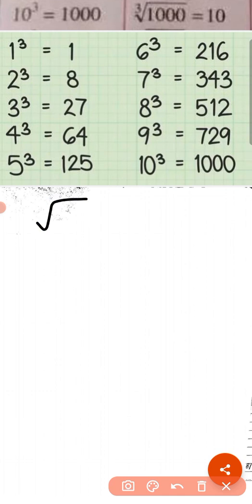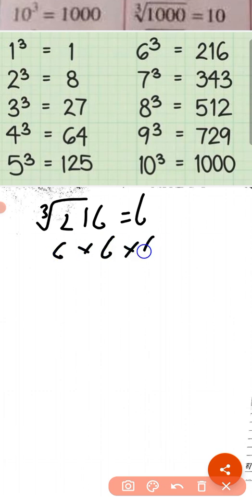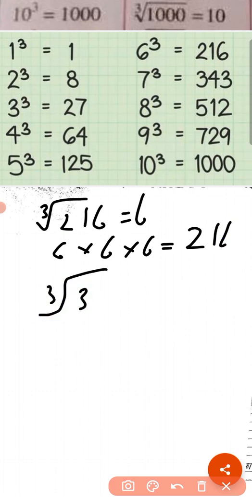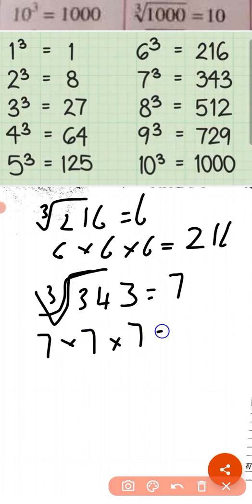Cube root of 216 is 6. That means 6 into 6 into 6 is equal to 216. Cube root of 343 is equal to 7. That means 7 into 7 into 7 is equal to 343.